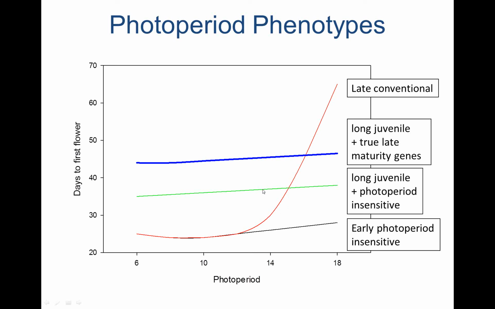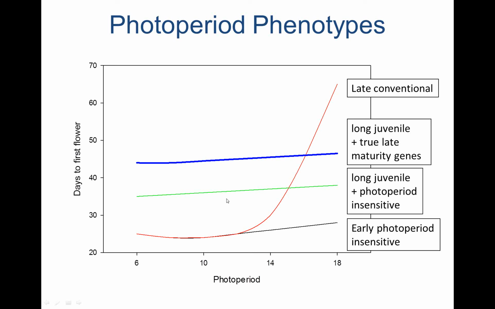Then perhaps this green line here is a long juvenile plus photoperiod sensitive line, and we really have to look at this combination and see if it has a relatively flat response to photoperiods.